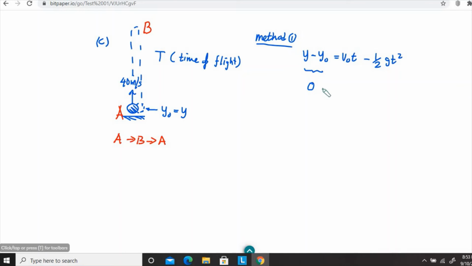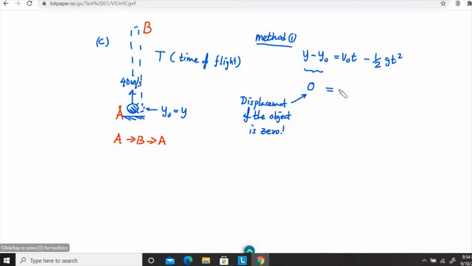So what does that mean? The displacement of the object after traveling is 0. That's what it tells you.